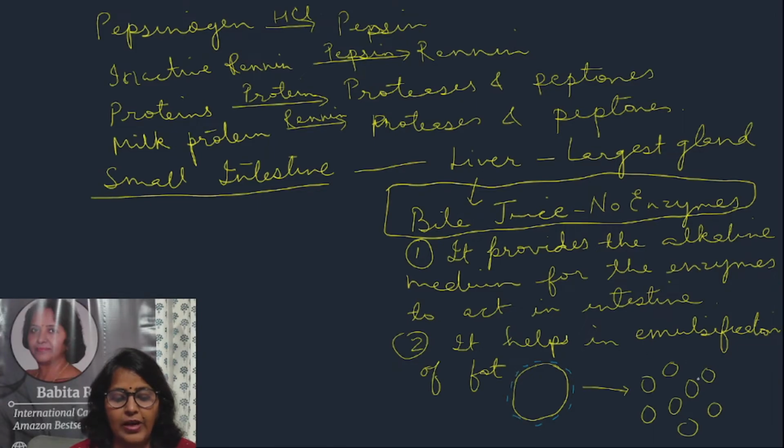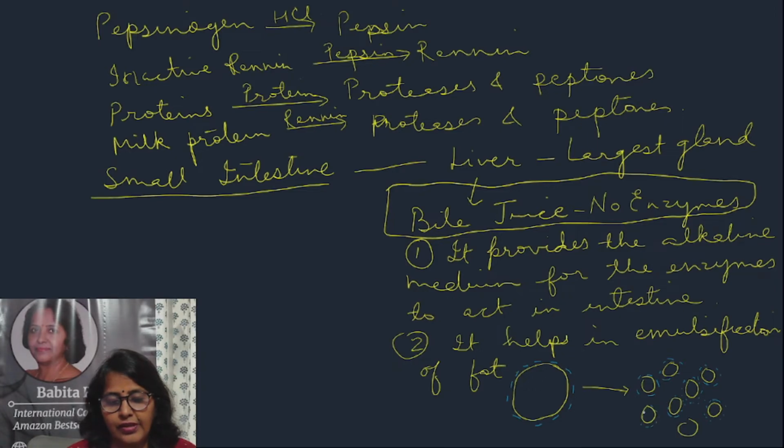So, this is how lipase will act on one molecule of fat, and if it is broken down into smaller molecules, it can be acted upon like this. So, it increases the surface area for lipase to act upon. That is why it is broken down into smaller units.